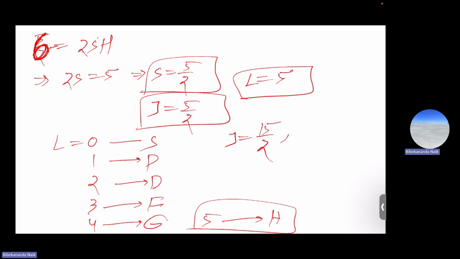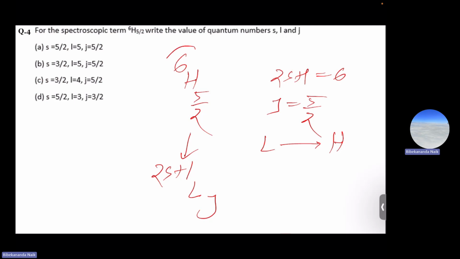Then L minus S, 5 minus 5 by 2, is 5 by 2. In between we have 13 by 2, 11 by 2, 9 by 2, 7 by 2 and 5. So there are 6 possible values of J. That's why it is 6 here. So this 6 represents the number of possible values of J.